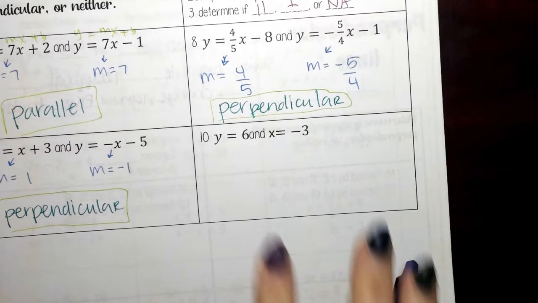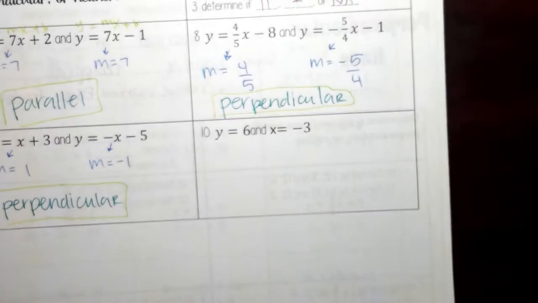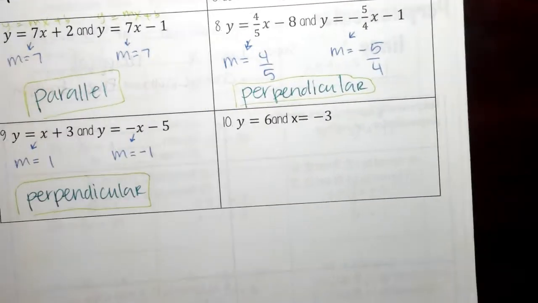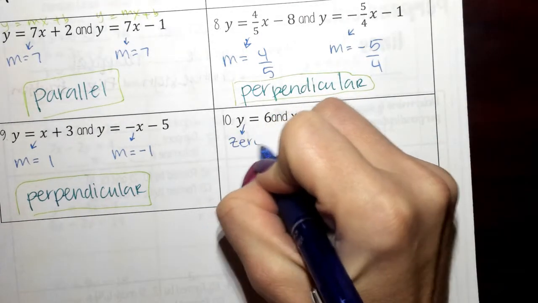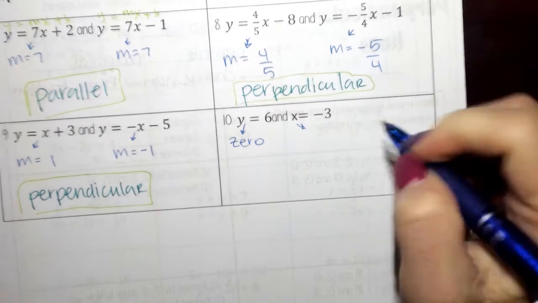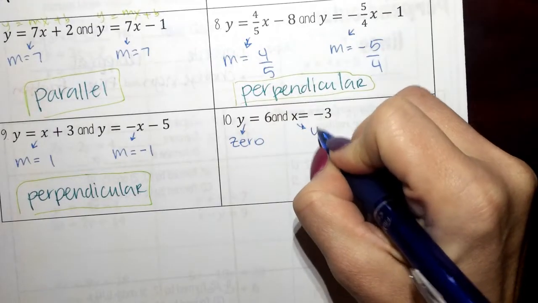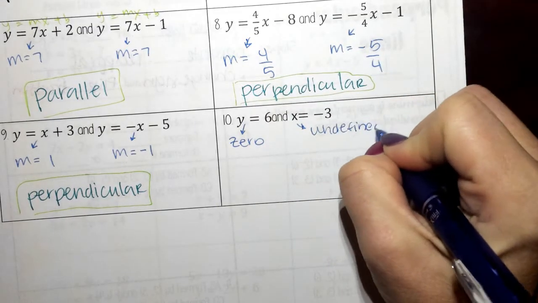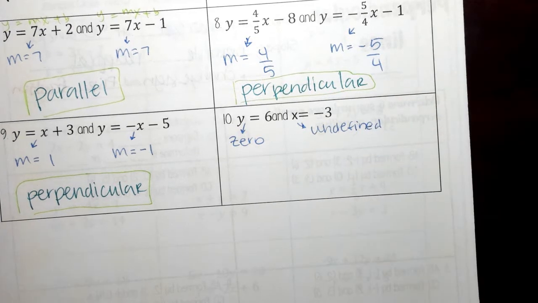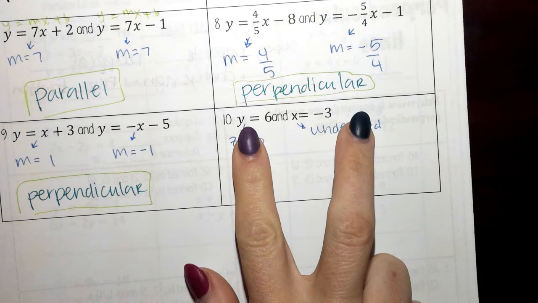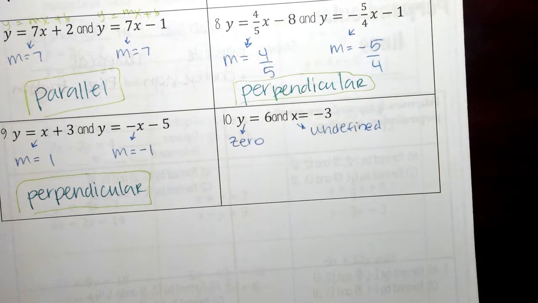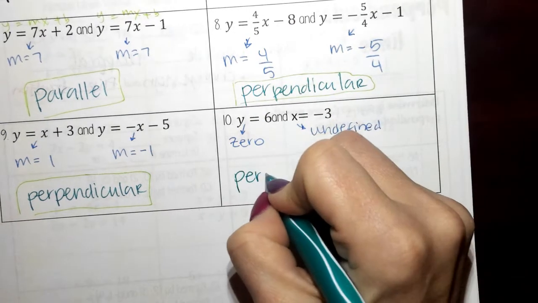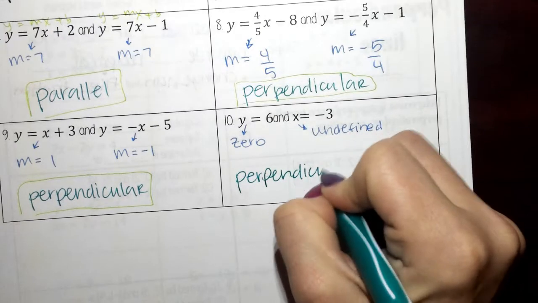Alright, we've got y equals 6 and x equals negative 3. Remember, these are our horizontal lines with the slope of 0, and these are our vertical lines with the slope of undefined. And those are actually opposite reciprocals of each other, so these lines are also perpendicular.